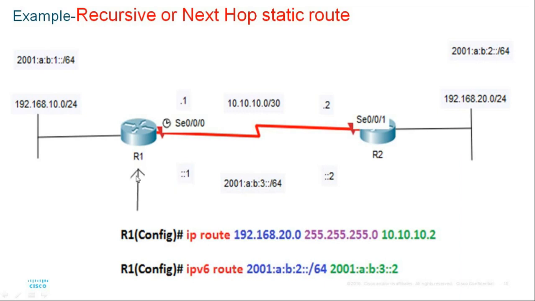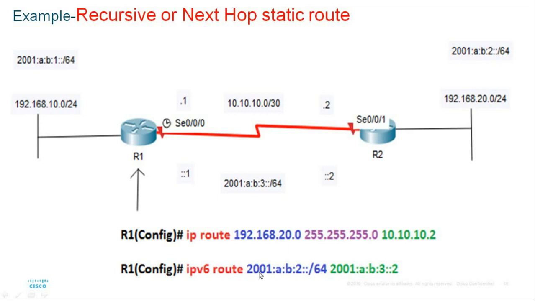Now I am at R1, and that is more important here. From R1, I want to reach this IPv6 network. We have only one remote network, so I am going to write ipv6 route, then this network, 2001:A::B:2:/64.